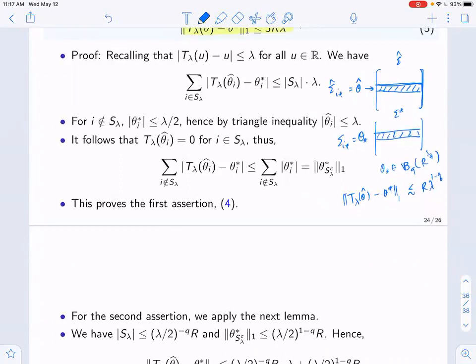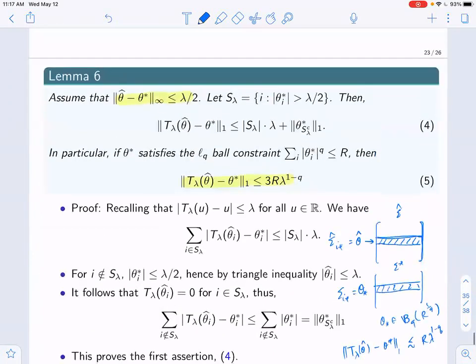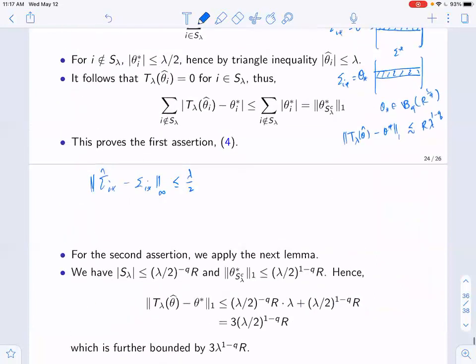So this is saying if I have the infinity norm of sigma hat i star minus sigma i star less than lambda over 2, that's this condition, then I would have T lambda of sigma hat i star minus sigma i star in L1 bounded by lambda over 2.